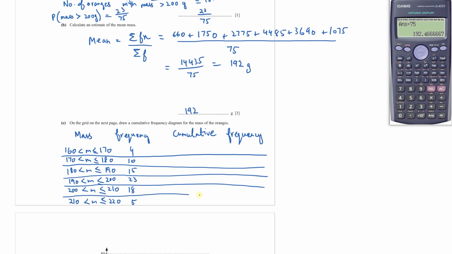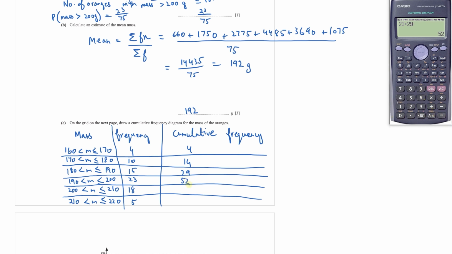So cumulative frequency will be the sum of all frequencies up till that point. So we're starting here. So cumulative frequency here is 4. Here this is 10 plus previous cumulative frequency, which is 4, so 14. Then you have 15 plus 14, you will have 29. 23 plus 29 will be 52.